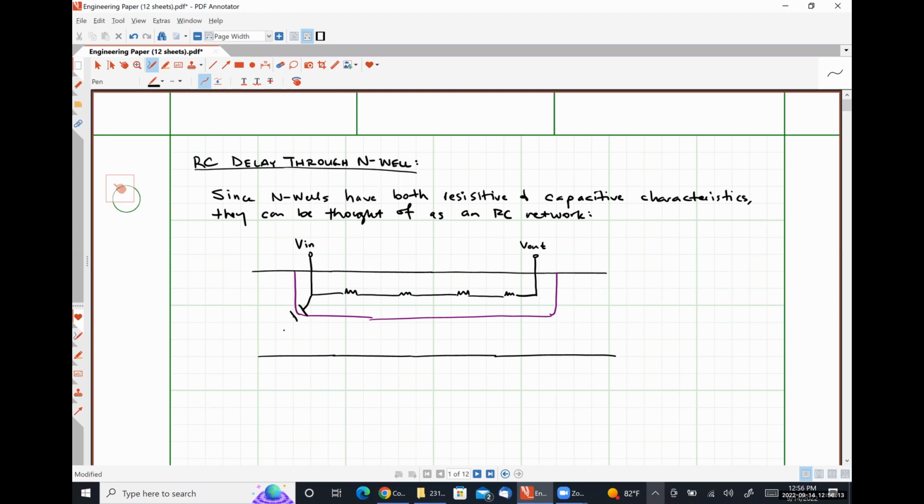because we have a biased n-well and our substrate is typically at ground, we are going to have some sort of depletion capacitance as well, where the bottom terminal of all of these capacitors is tied together at the same potential.